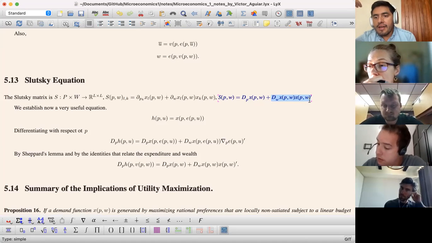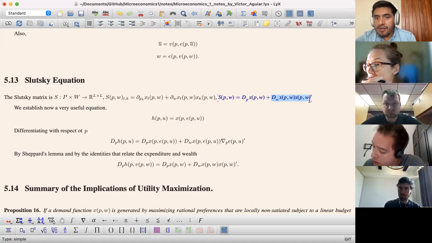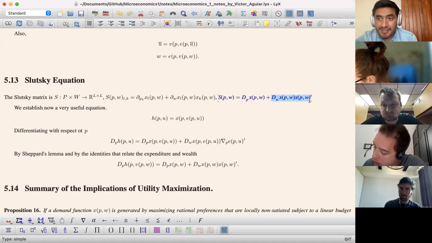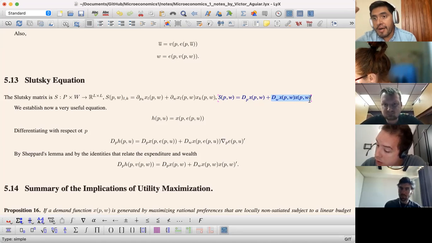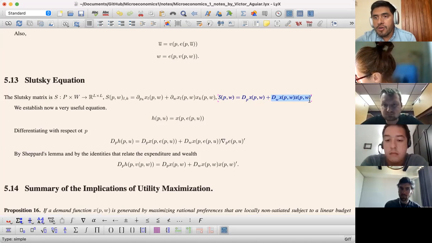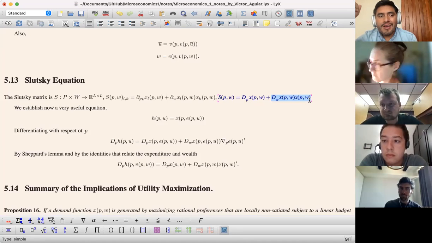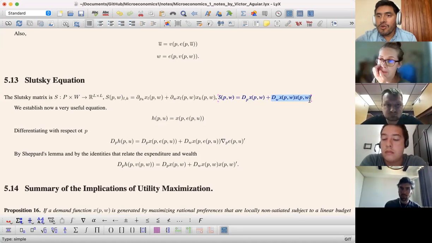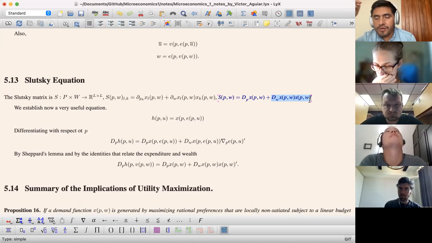And in particular, this is the object we're going to try to make sense of, because we're going to claim this is the object of interest to do comparative statics for the Marshallian demand. So the important thing, and you remember this from now on, is that when you're trying to do comparative statics in the world of utility maximization, there is a bit of an issue, right?